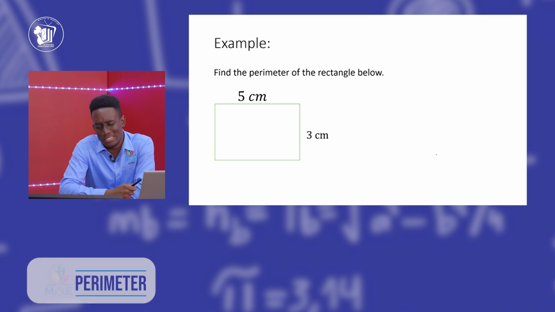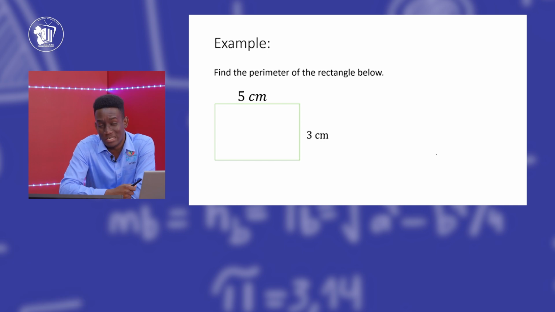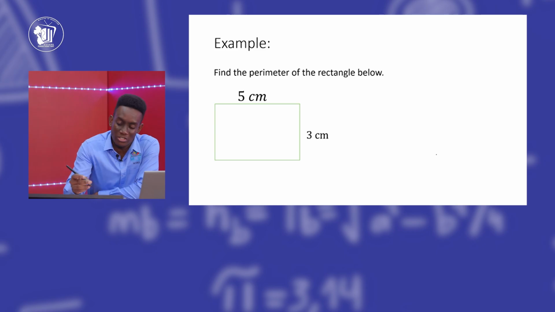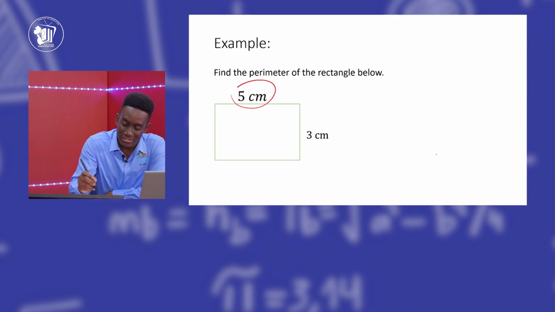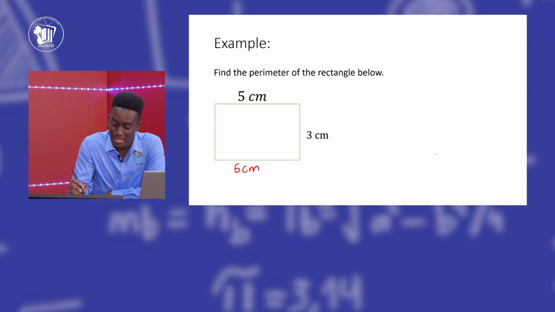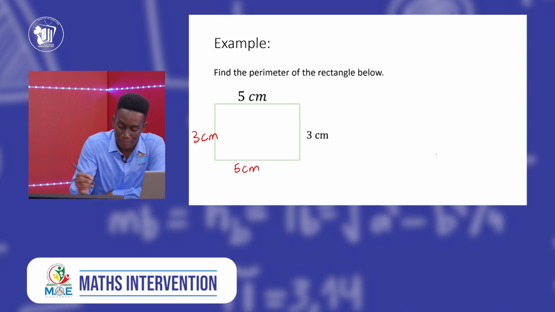The thing about the rectangle is that the opposite sides are equal in length. So if you want to find the perimeter of this shape, we must include the lengths of all of the sides. Since this is 5 cm, we know this opposite side will also be 5 cm because of the properties of a rectangle. And since this side is 3 cm, we know this side will also be 3 cm.